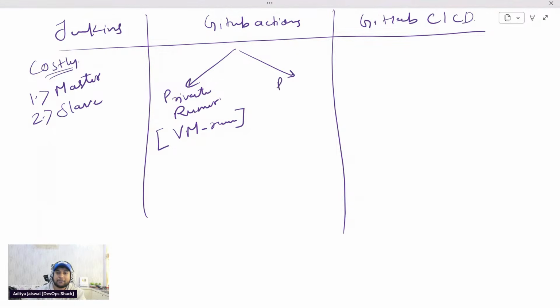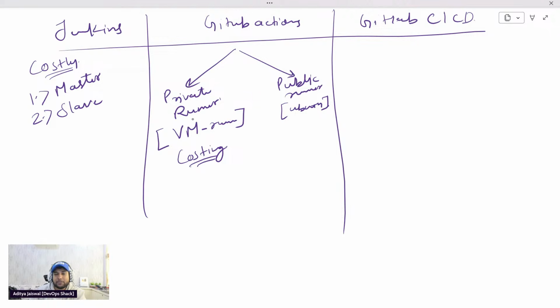The second option is a public runner, where you can use GitHub hosted runners. For example, let's say I want to use an Ubuntu machine. The private runner is going to cost something because you have to bring your own virtual machine to make it a runner. But in the case of a public runner, you don't have to pay anything. You can use the GitHub hosted machine to execute your pipelines.